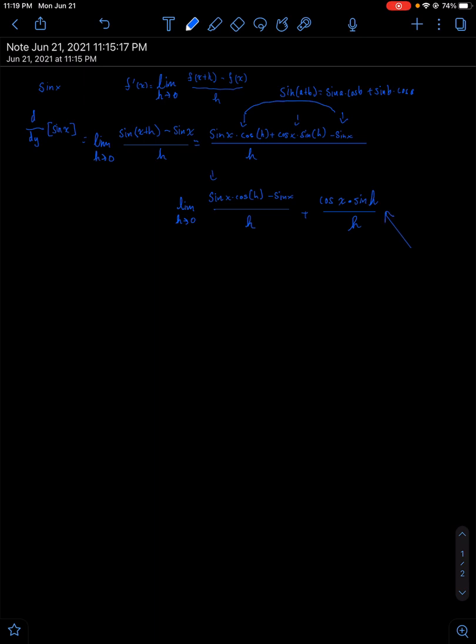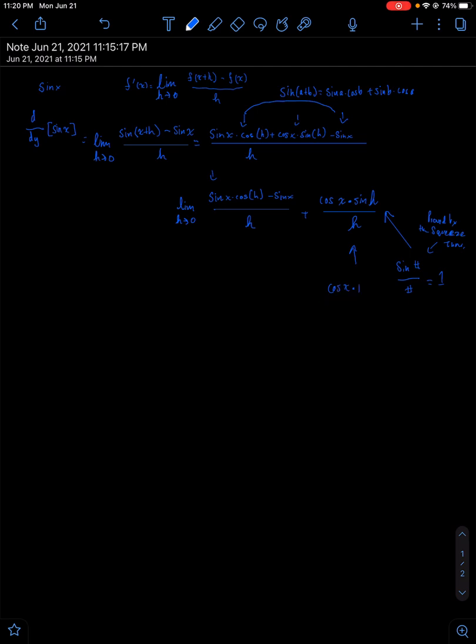Basically, we know that sine of some number over the number will approach 1, and this is proved by the Squeeze Theorem. So we know that this will approach cosine of x times 1.